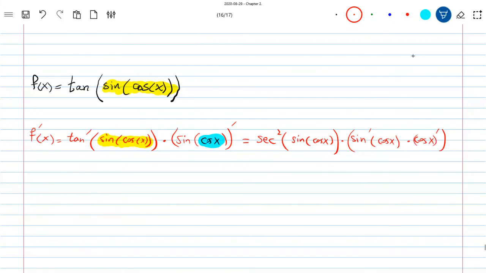Derivative of the outside multiplied by the derivative of the inside. The derivative of the outside operates on the inside function. So here you'll get secant squared of sine cosine x, that's still there, multiplied by the sine derivative, which is cosine, so you'll have cosine x, multiplied by the cosine derivative, which is negative sine x.